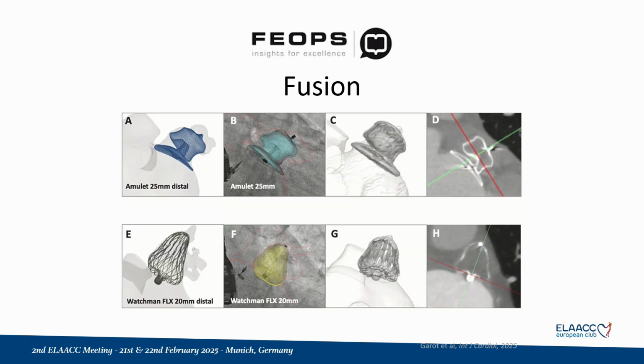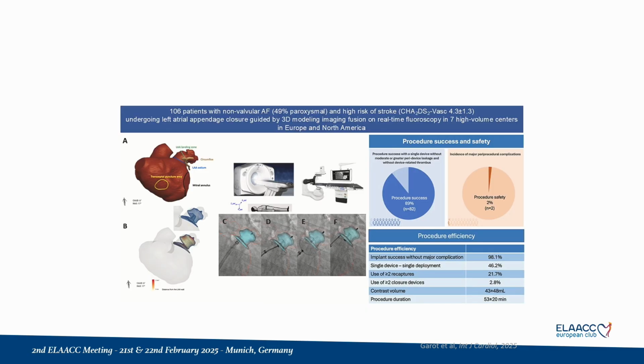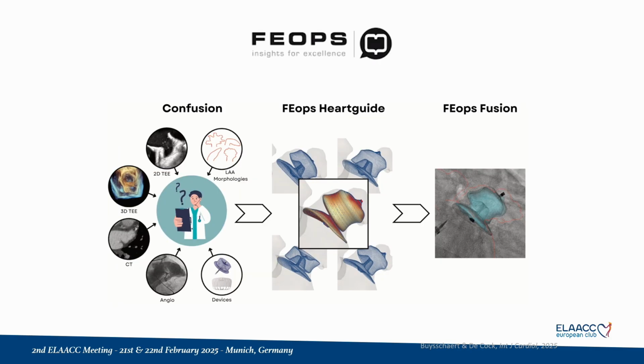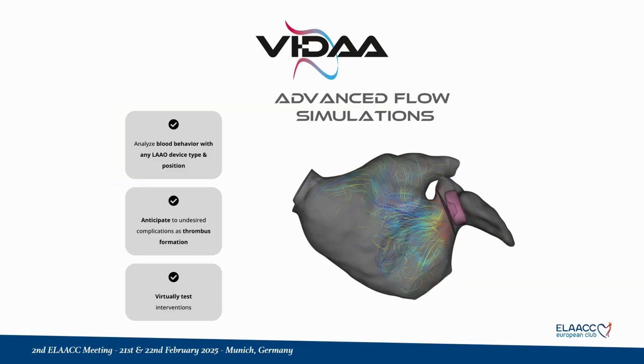And then the next was the paper from Philippe and colleagues, where you can have the selected device. You can import the 3D file into your Fusion, and during the procedure, you have the overlay and you know exactly where to go for. They've done a very nice paper with great results. And then you also have, for the next speaker, the flow dynamics.